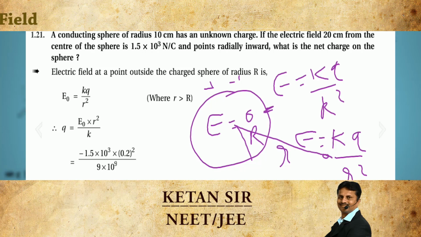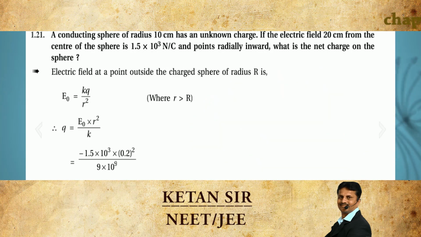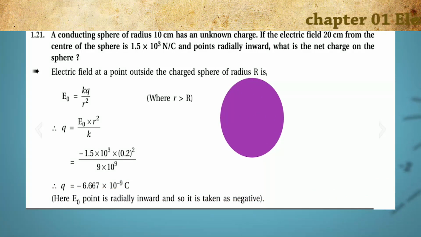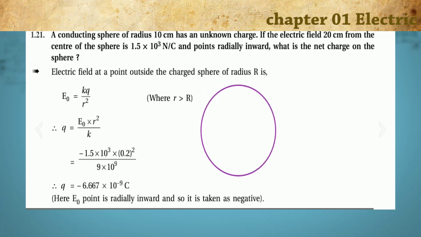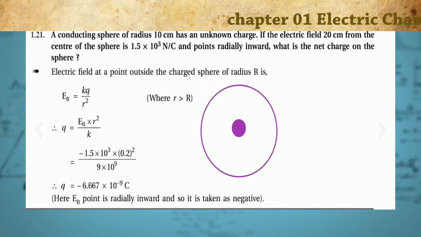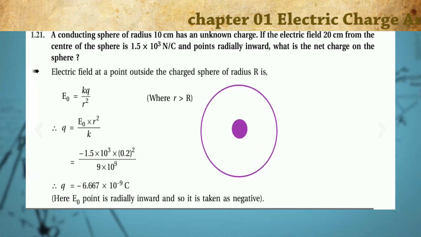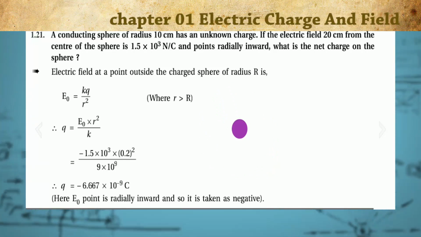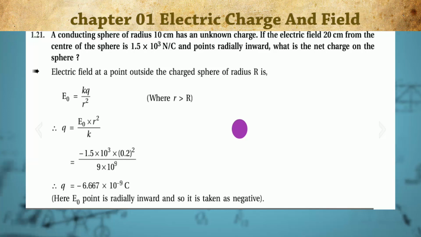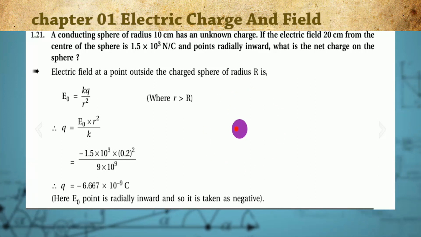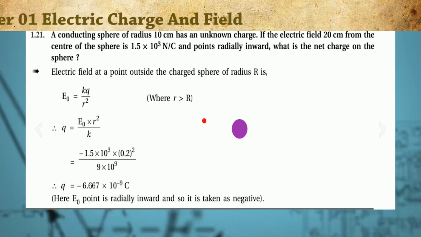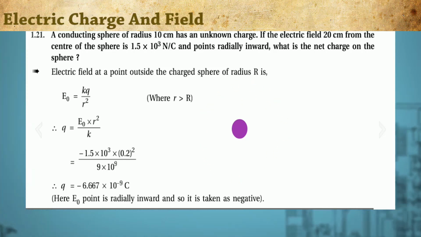In both cases, on the surface and outside, we assume that the total charge of the sphere is concentrated at the center. The sphere is considered a point-like charge.